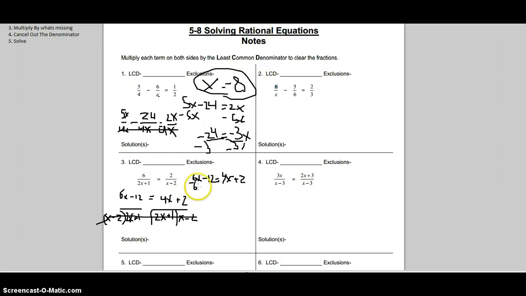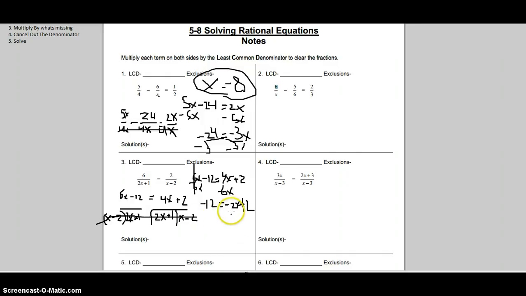So if I subtract 6x from this side, 4x minus 6x gives us negative 2x plus 2. It's hard to draw with the mouse. And then we'll have negative 12 equals negative 2x plus 2.